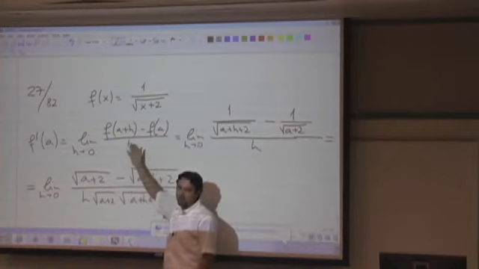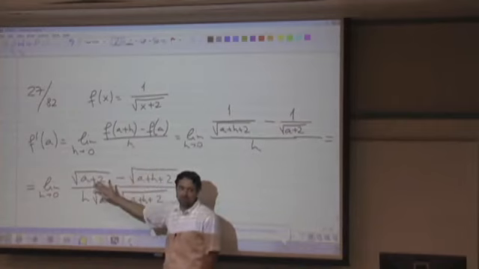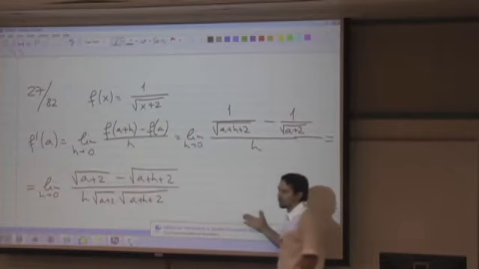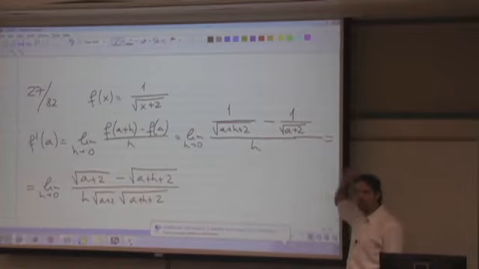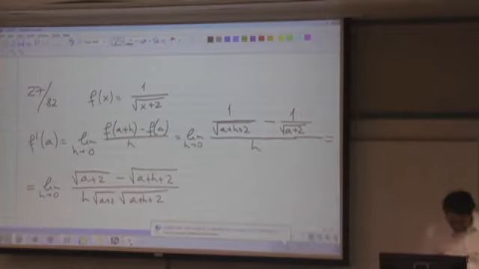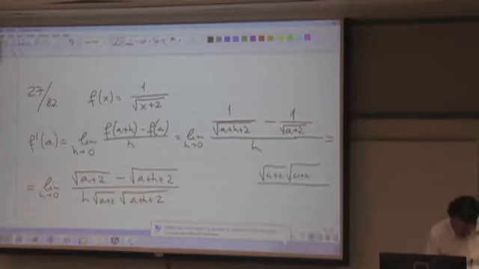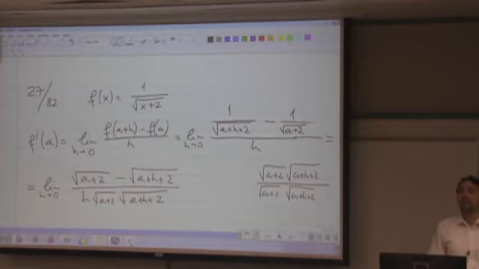You will always get 0 over 0 unless you actually start cancelling things. We haven't cancelled anything so far. All I've done is multiply and divide by the least common denominator. Wait, so we multiplied it by 1 over the square root of h. Is that what you just did? We multiplied the whole thing by the square root of a plus 2 times the square root of a plus h plus 2, divided by the square root of a plus 2 times the square root of a plus h plus 2. Yes, that's what you said.